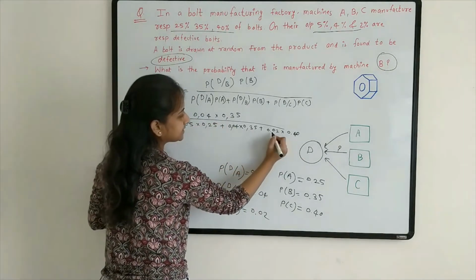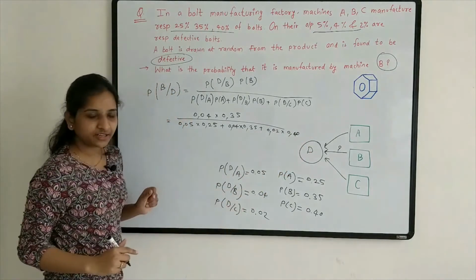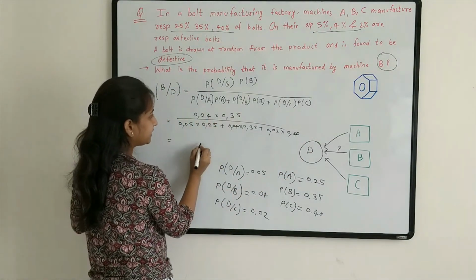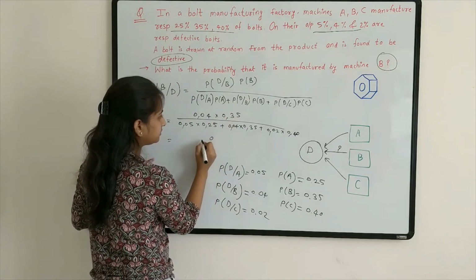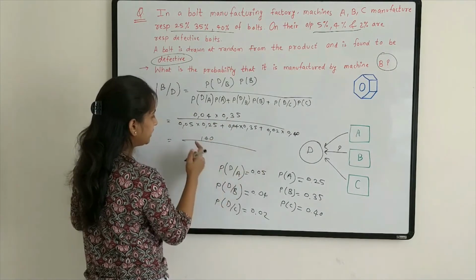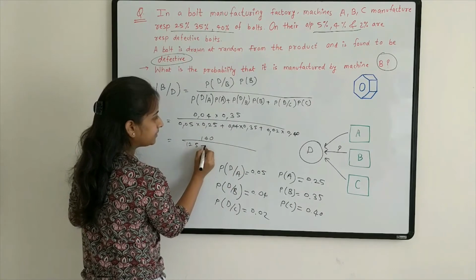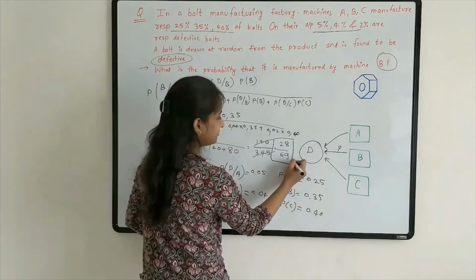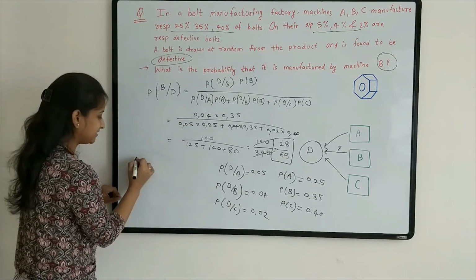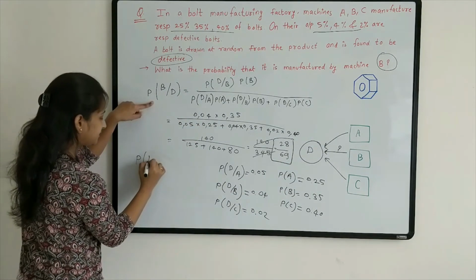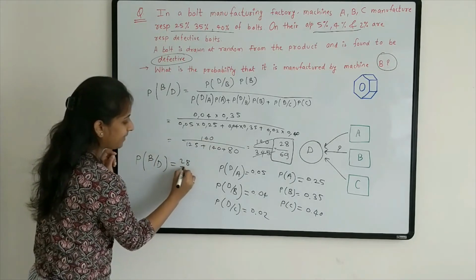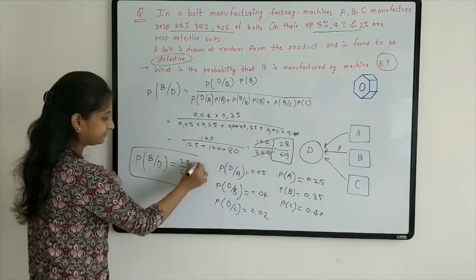All the dots get cancelled because there are the same numbers after the dot. Now numerator 4 into 35, it's 140, divided by 125 plus 140 plus 80. This is the answer, right? So probability of B given D is 28 by 69.